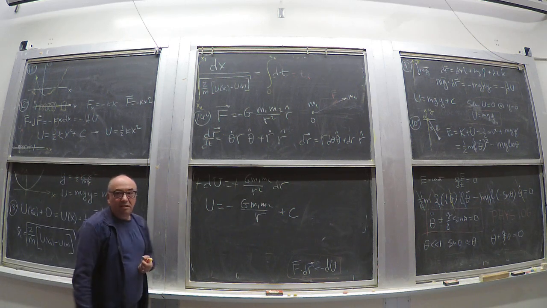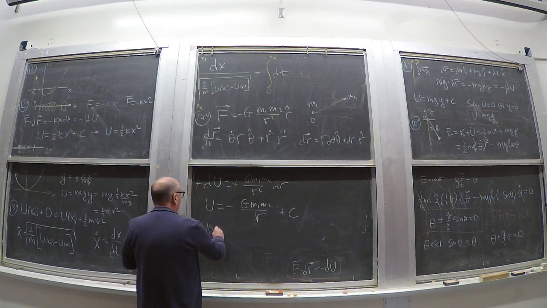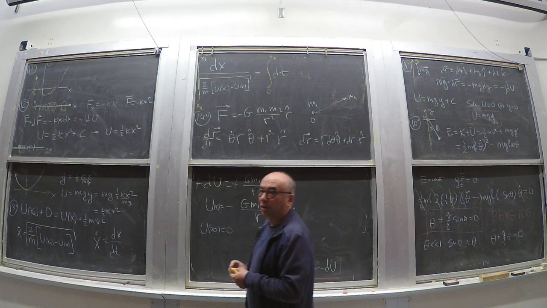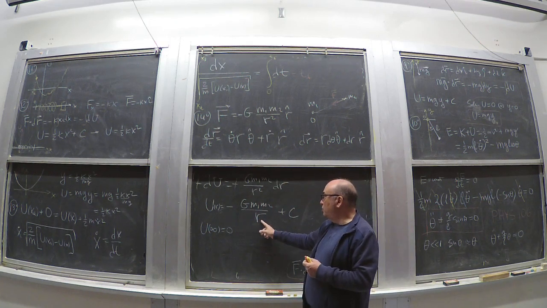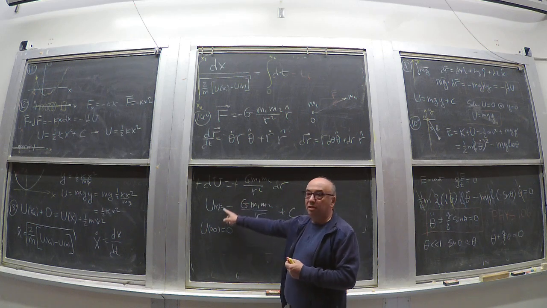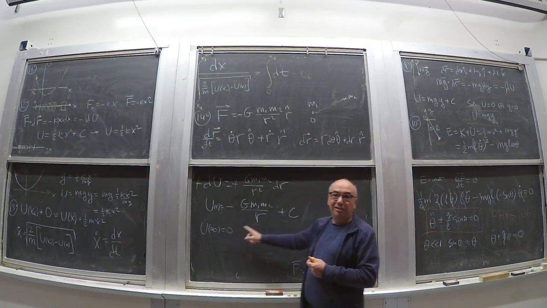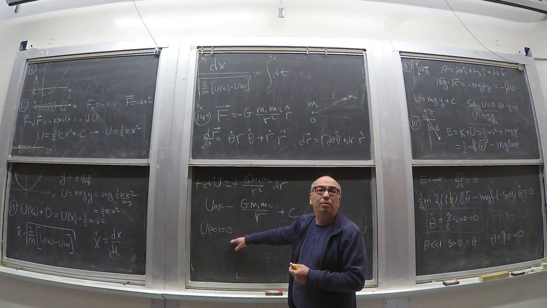Select constant in such a way that U at infinity, let me write here U of r, is equal to 0 when possible. Is it possible? If r is approaching infinity, what is this? Plus c. If I want it to be 0, then c is 0. So it's not necessary, it's beautiful.